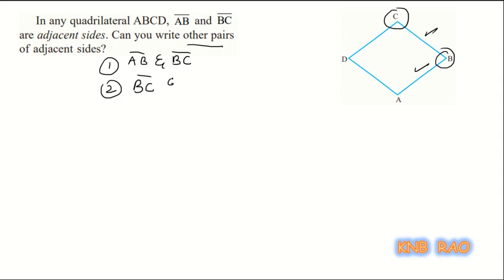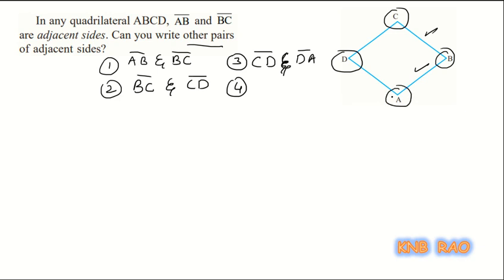Third, since D is a common endpoint for CD and DA, they become another pair of adjacent sides.